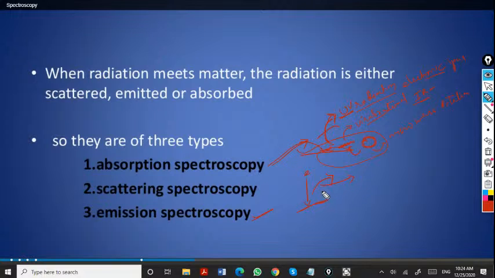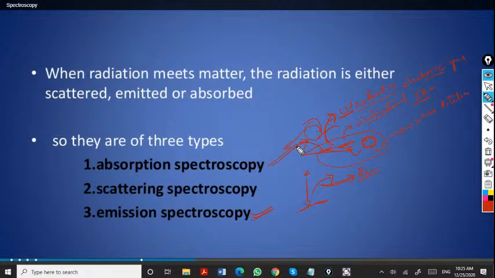This energy is recorded in the spectrophotometer, which is the instrument used to study the light waves. If we record the emitted light, then it is said to be emission spectroscopy. If we record the absorbed light, then it is said to be absorption spectroscopy.